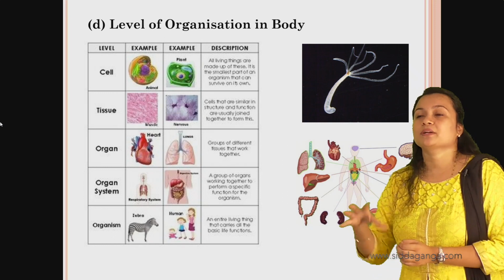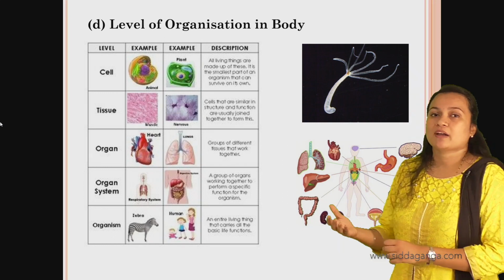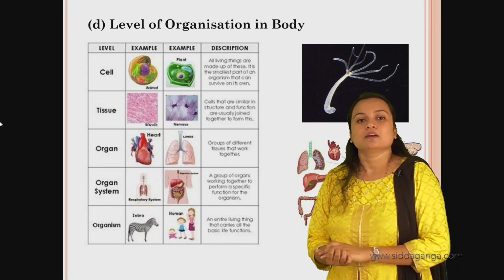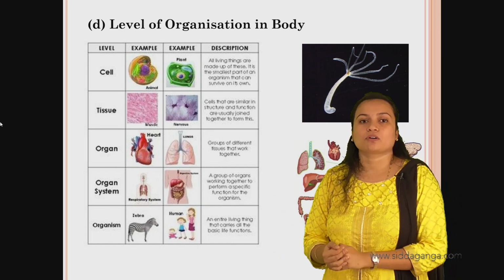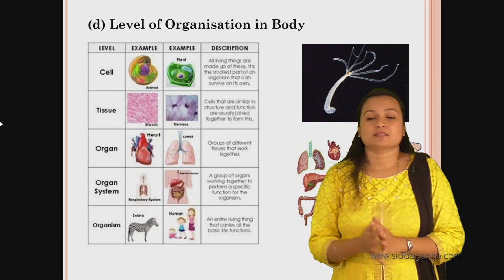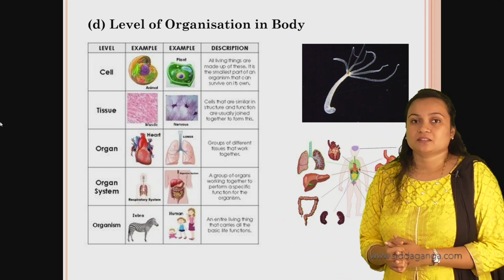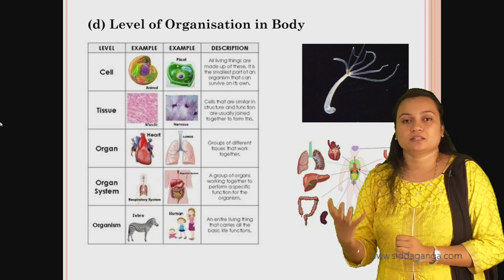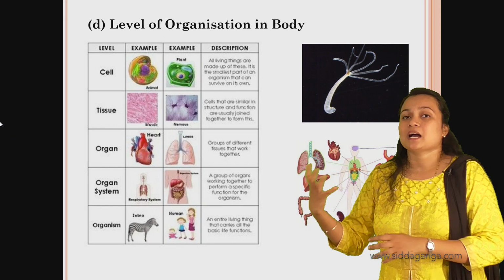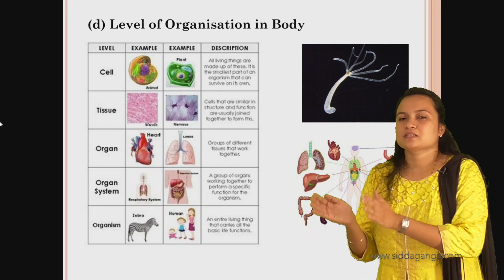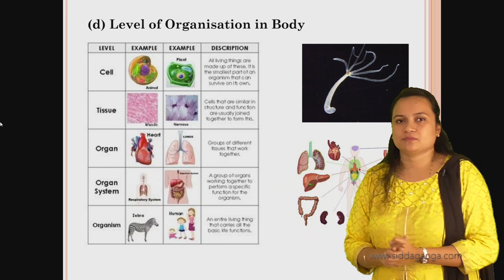Again in the heterotrophic there are different modes: saprophytic, parasitic, holozoic, right? And the level of body organization, whether they are at cellular level, tissue level, or organ system level. Likewise, these are some bases for classification.